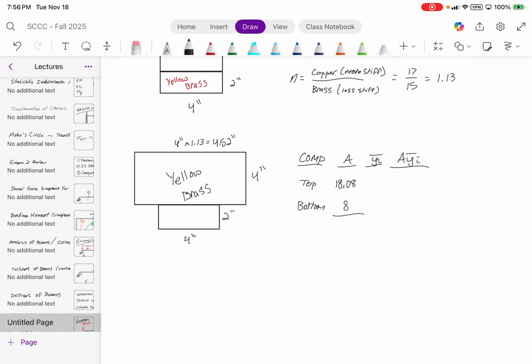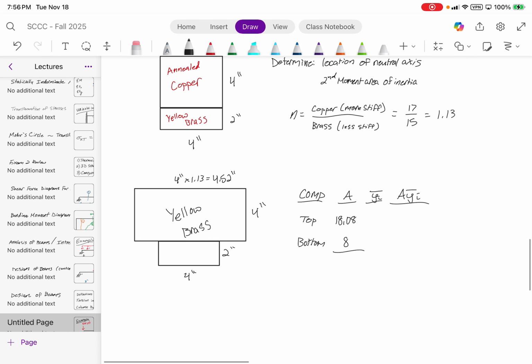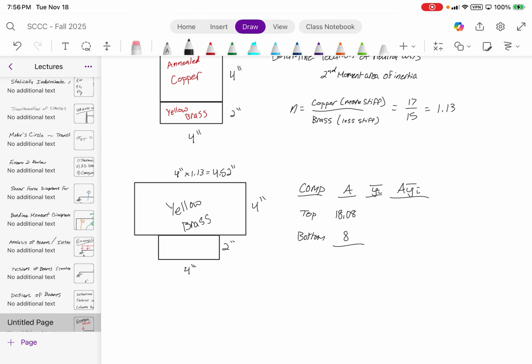Who here did it transforming it the other way? Transforming the yellow brass to annealed copper. Nobody else did it that way? Because either way, the Ixs will be related. They're not identical, but you'll be able to back calculate it. So, add the areas together, you get 26.08.